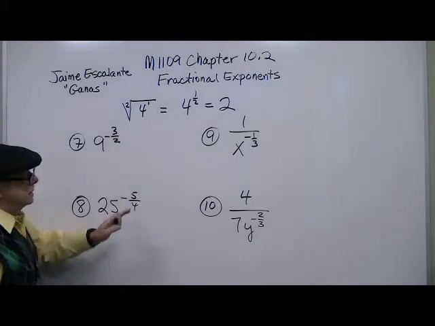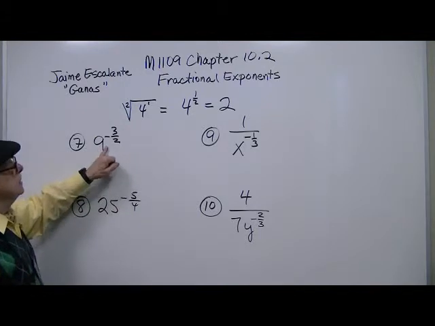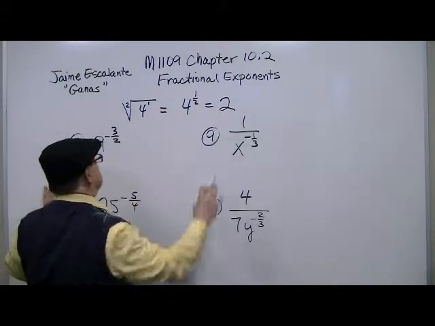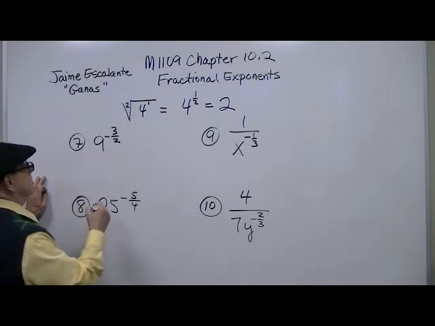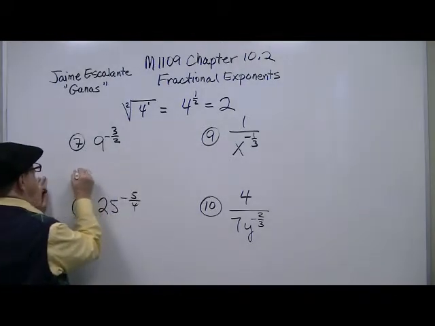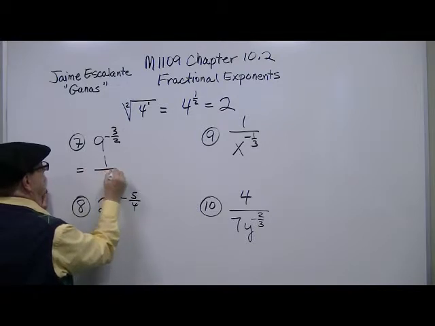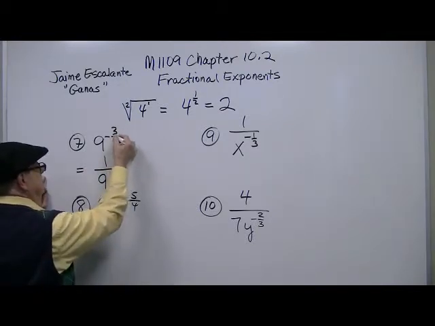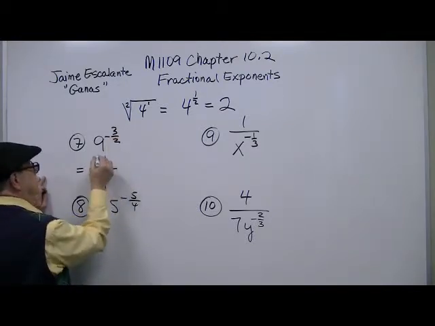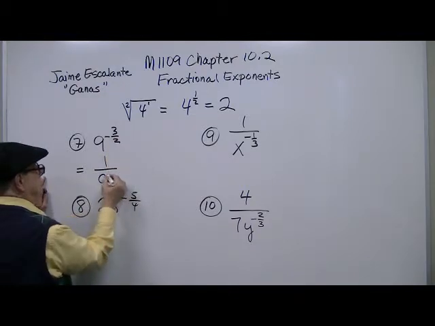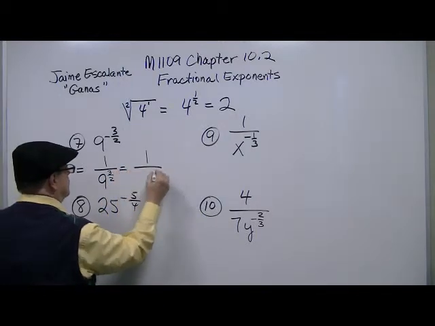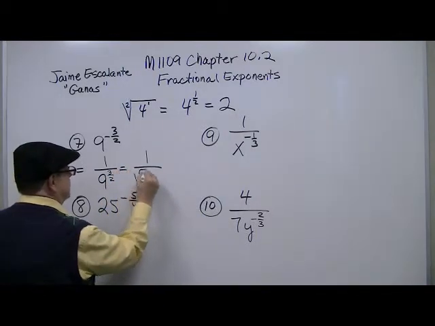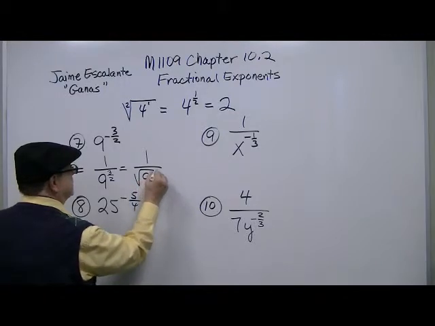All right, now we're going to deal with negative fractional exponents. Well, the same techniques apply. This is going to become 1 over 9. Now, below the division bar, the exponent becomes positive. And then this becomes 1 over the square root of 9 to the 3rd.